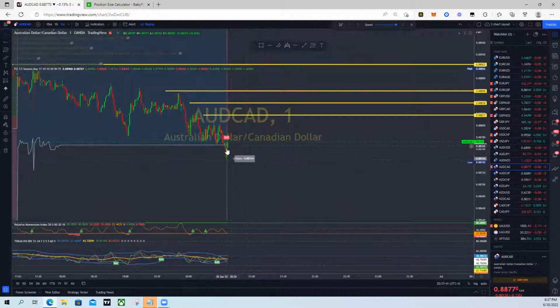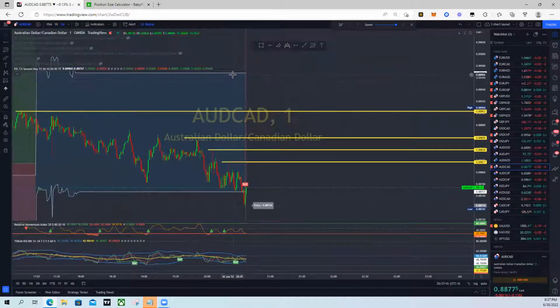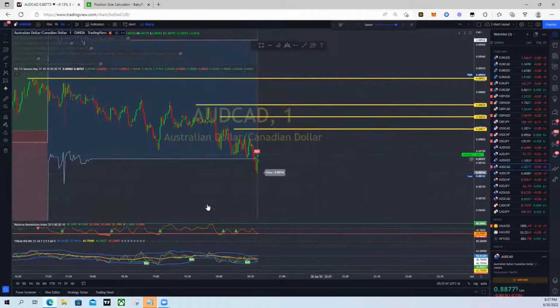So if I want to sell this, I know ultimately my stop loss is up here. As long as it stays below the zone, I know I'm in profit. But if it does come in the zone and I'm seeing it respecting this first initial yellow line, I'm still in the clear for the sale. If it breaks this one, but it respects this second yellow line, I'm still in the clear for the sale.